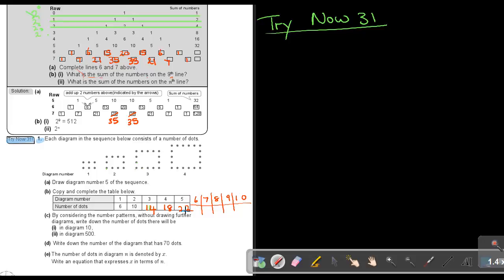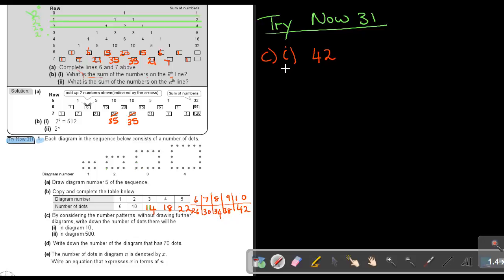If you're going to add 4, you are going to get 26, then 30, then 34, then 38, and then 42. So number C is going to be 42.